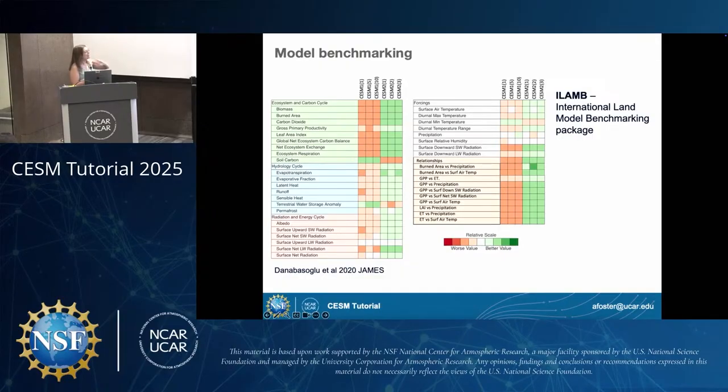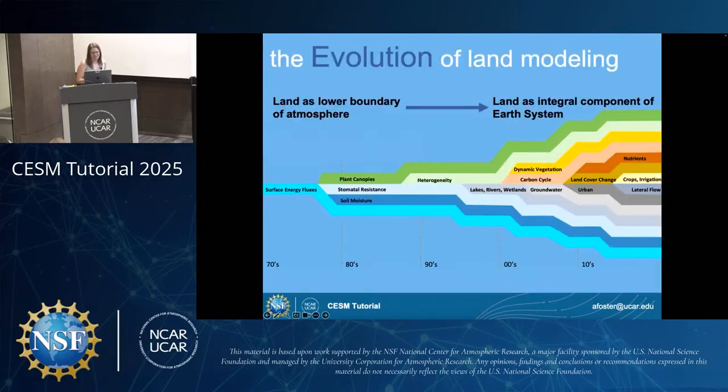Red means it's worse, green is better. So if we go forward in time, we're getting better. We're objectively getting better, except for soil carbon. But I'm told that that's not our fault. It's the atmosphere's fault. But don't come at me. Okay, it snowed too much in the Arctic. It's not my fault.